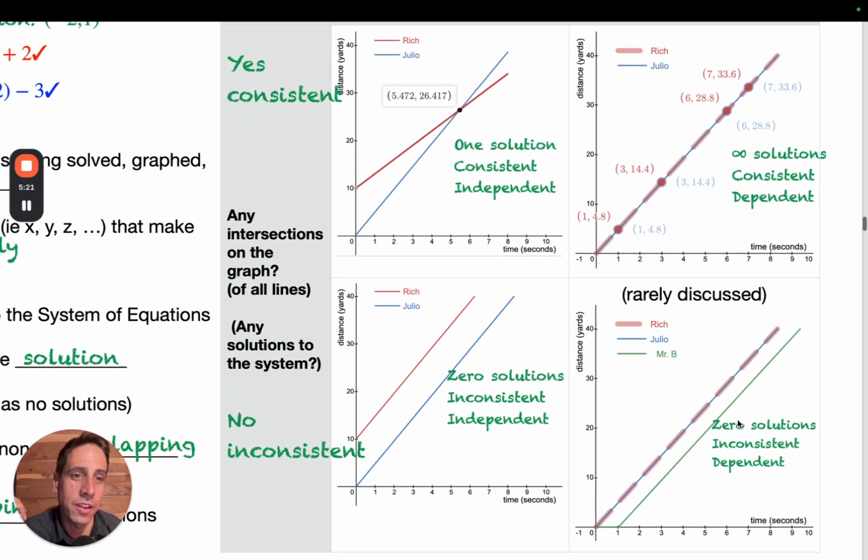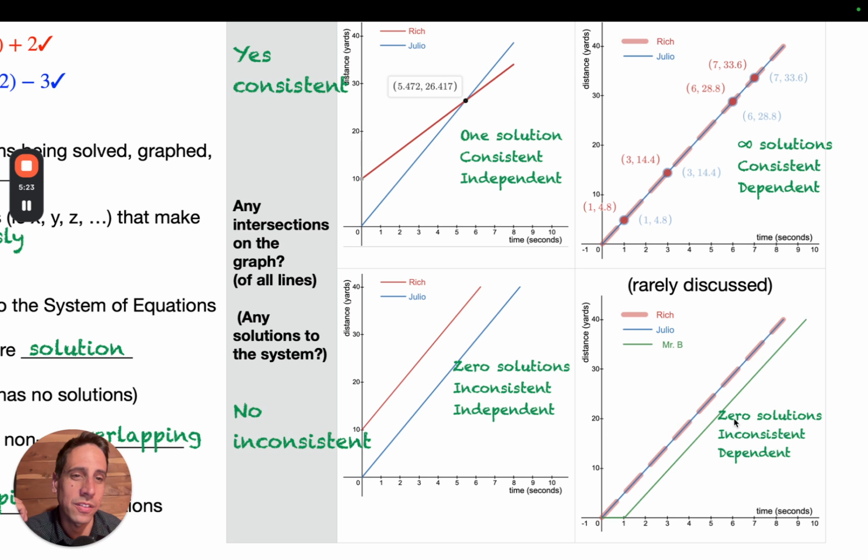And what if we had like 3 people over here? This is a fourth case that's rarely discussed. It's not even on Alex. You won't see it. But I just wanted to complete the chart. So what if you had 3 different lines, Rich, Julio, and me, Mr. B, on green over here? There's some overlapping going on, yes, but there's still no solutions because the 3 lines don't intersect at the same place.